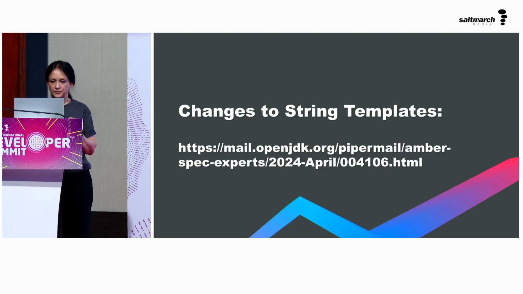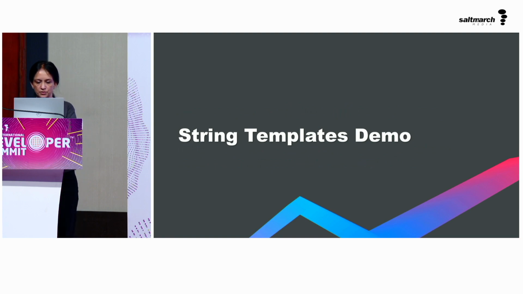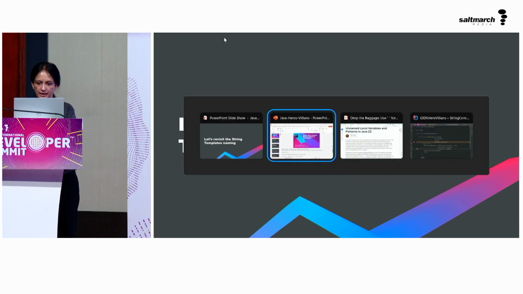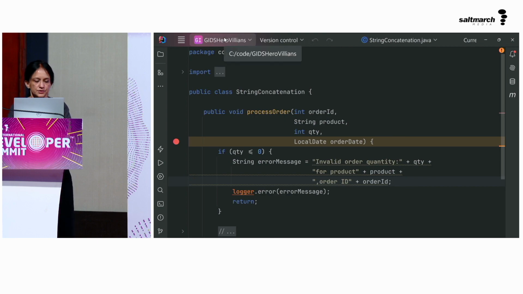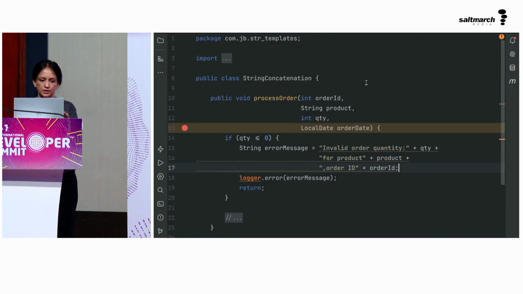That said, let me hop on to my IDE. So I'm using IntelliJ IDEA. Let me get rid of the bar at the top so that we have some more real estate. Okay, now it looks better. When you want to use Java 22 in IntelliJ IDEA, there's a quick setting that you have to do.